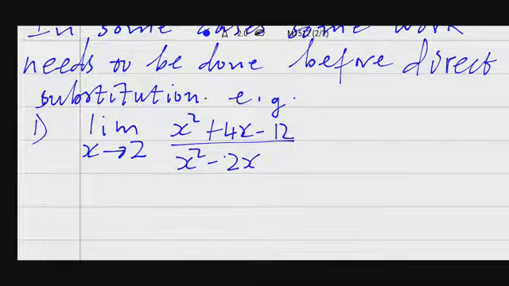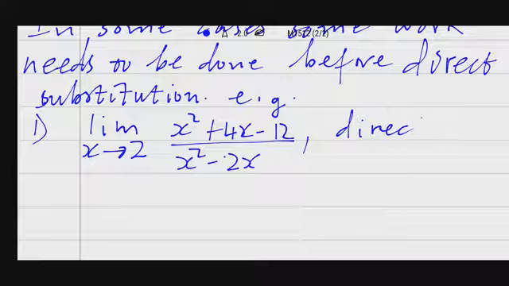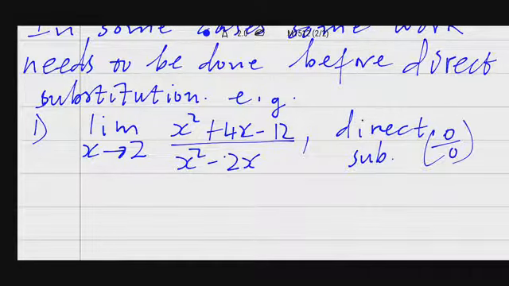In this case, if you try direct substitution, you end up with 0 over 0. That means in the numerator you get 0 when you plug in 2, and in the denominator you also get 0.